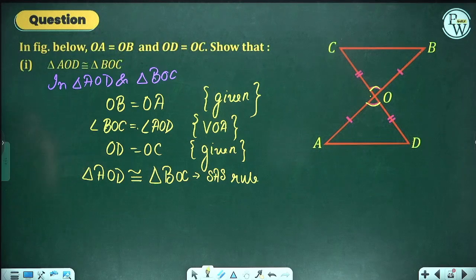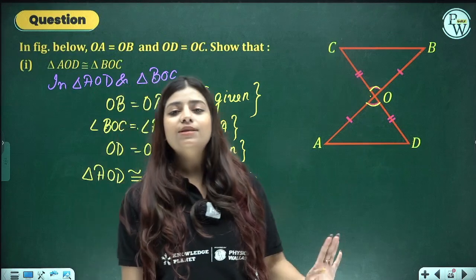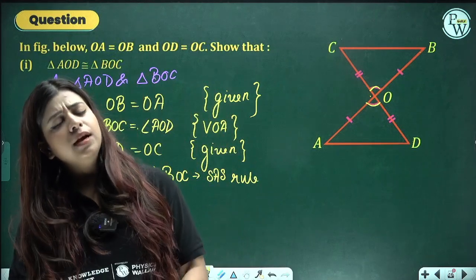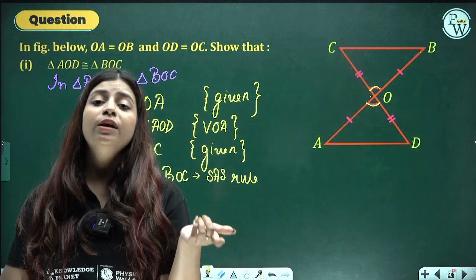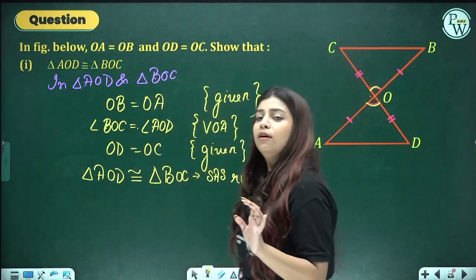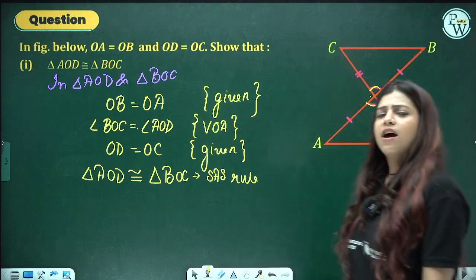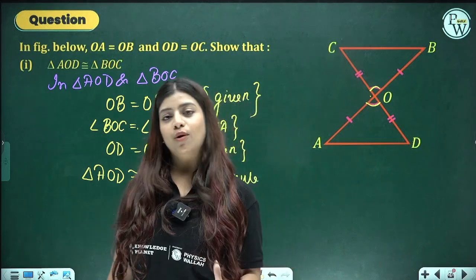I hope this is clear with everyone. When you complete the chapter, you will also be looking at the figure and be aware of which criteria you will be using to prove the congruency. For example, when I saw this figure, I was aware that in this particular question I will be using SAS congruency.